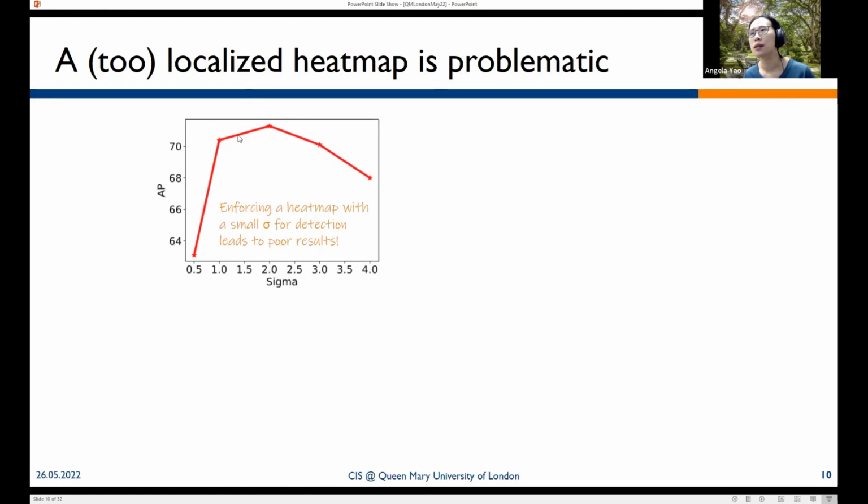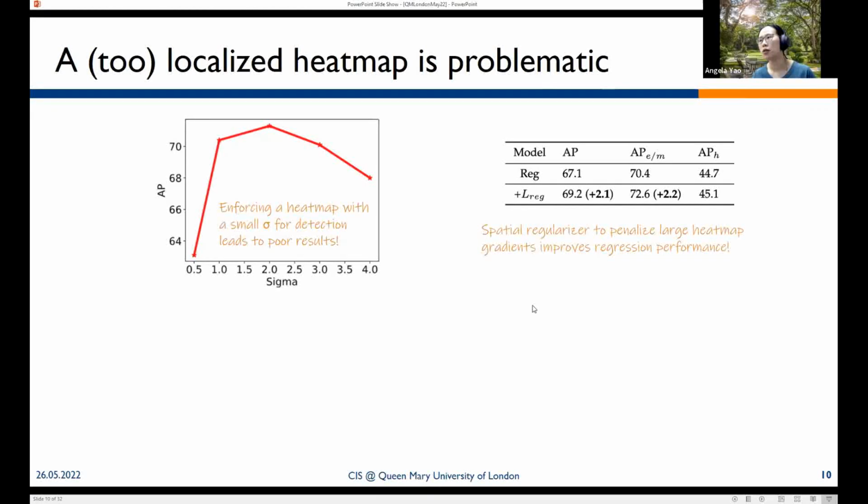What we find is that there's a sweet spot: 2 is the standard and it's also the optimal setting. If you make these heat maps for supervision any smaller or any bigger, you start to deteriorate in performance. Here performance is measured by AP, so higher AP is better. Especially when you get to this very small sigma, it has very poor performance, a low AP. So this is for the detection setting.